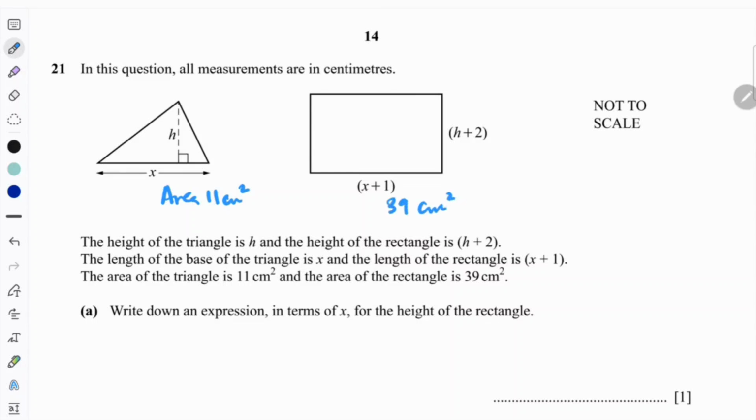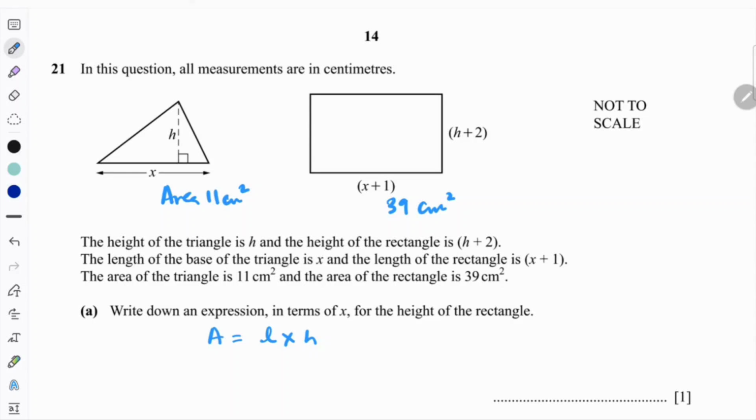Okay, write an expression in terms of x for the height of the rectangle. They are talking about the rectangle, so we will take the area of the rectangle. Length into width, or length into height, as they are using the word height. So area is equal to length into height, and height is the expression we are going to write down.